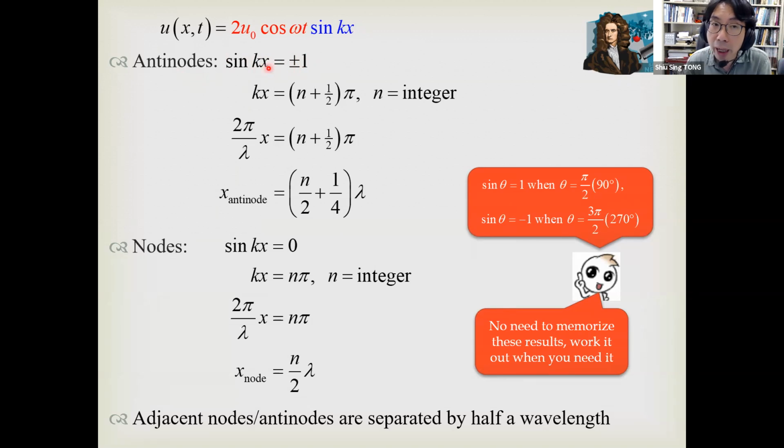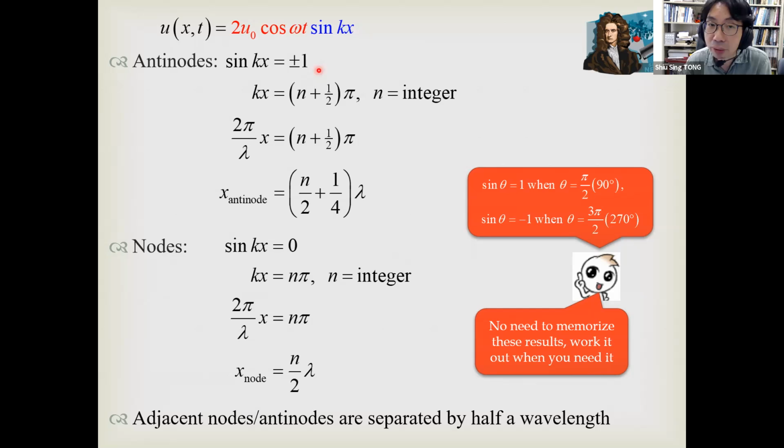What value of angle will give you a sine equal to +1? You may say it's pi/2, 90 degrees, right? When I say sine kx equal to -1, you may say the solution is 270 degrees or 3 pi/2. Is that right?